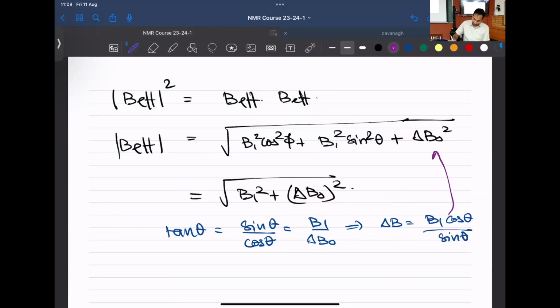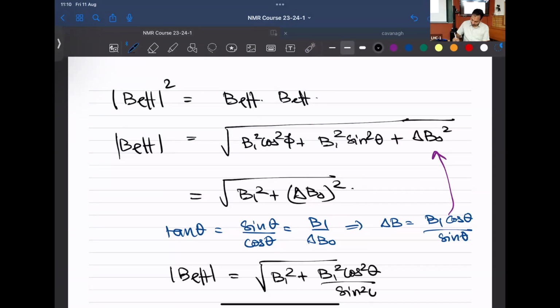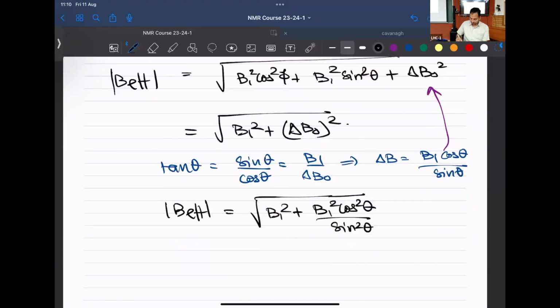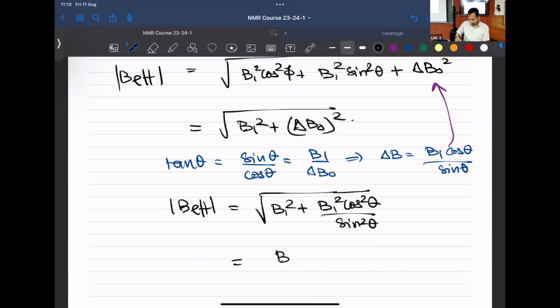So go back and put this back into this equation, then you will see that the B effective will be given by square root of B1 square plus B1 square cos square theta divided by sin square theta. So if you take the necessary LCM and all that, you will end up getting B1 over sin theta as B effective, the magnitude of B effective.